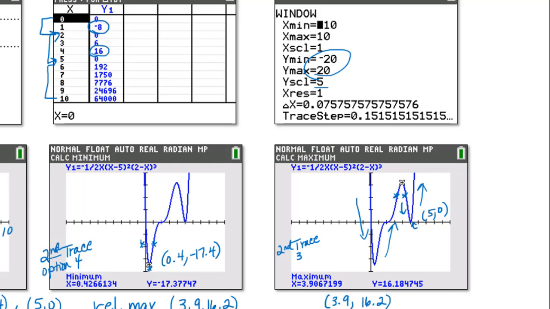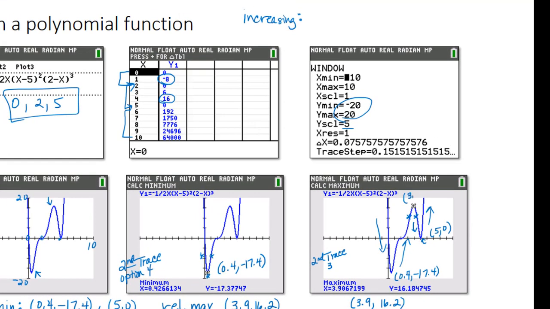So it's actually increasing on two separate intervals. It's increasing from 0.4 to 3.9, and then from 5 to infinity.